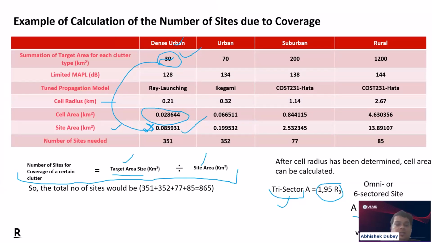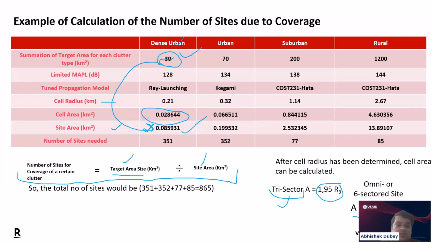Now let's say this is the cluster which I just explained on the whiteboard, where there is a highway and there is dense urban, urban, suburban, and rural, and you have to plan the sites. You have calculated the dimensioning, planned the nominal, and done the detailed planning. Now you need to find how many sites you finally get from that cluster, including all the environments.